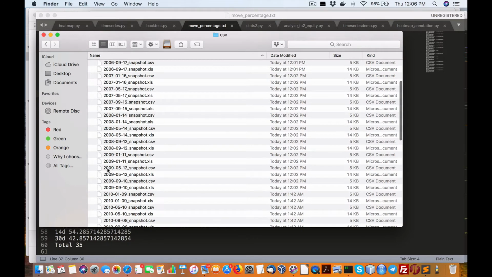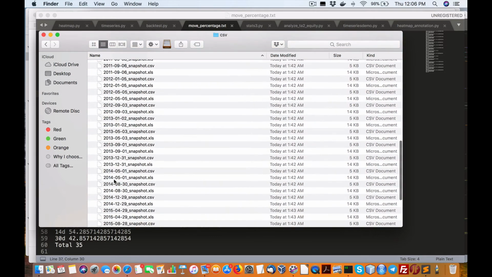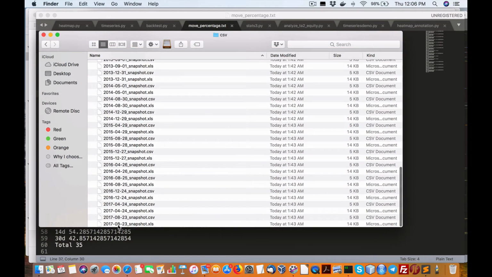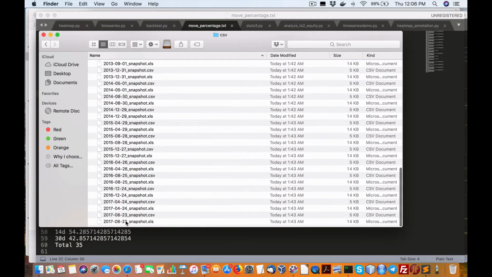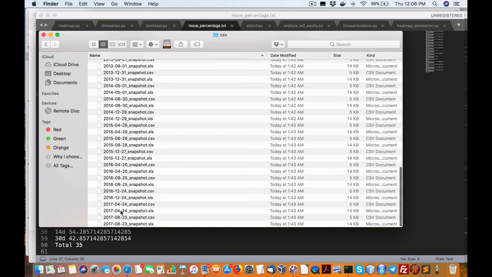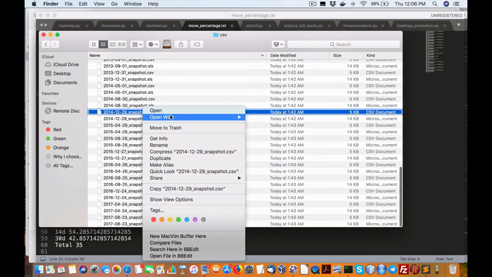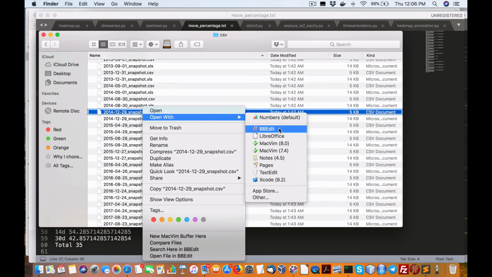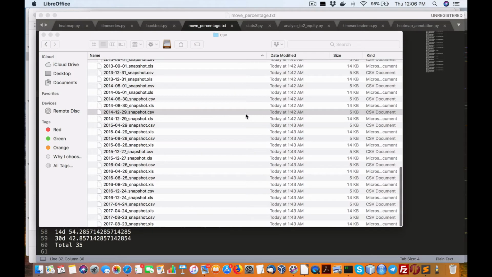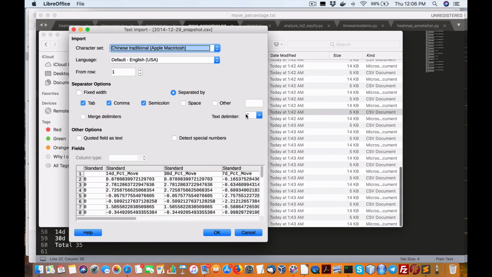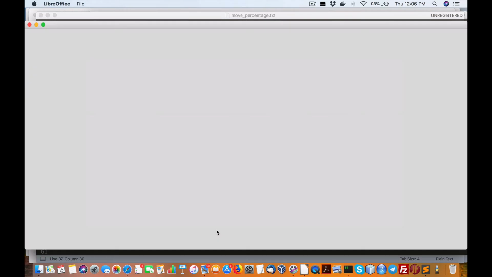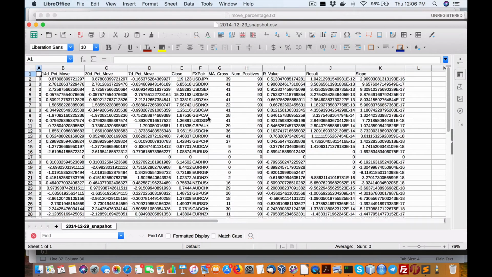So once again, here are different snapshots throughout the time period. It goes all the way over to August 2017, and that's the most recent, with 30 days and another 40 days of analysis. So the idea here, I'll just randomly take one for 2014, and it will come up with an XLS file.